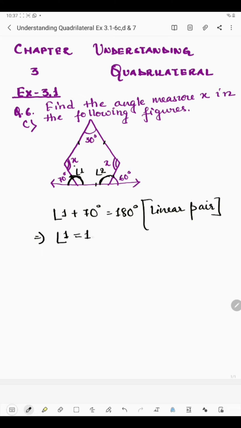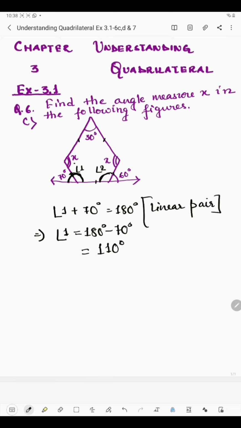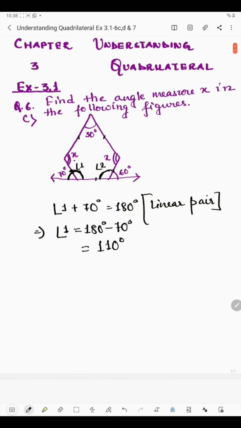It will be 180 degree minus 70 degree, because 70 degree will be transposed to the right hand side. So plus 70 will be minus 70. So 0 minus 0, 0, 8 minus 7 is 1 and 1. So it's 110 degree.